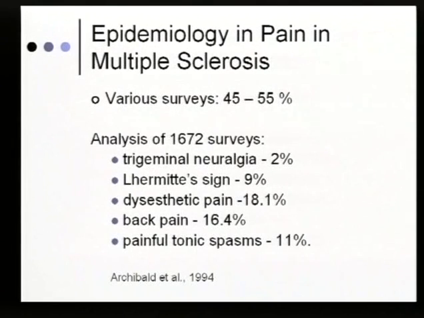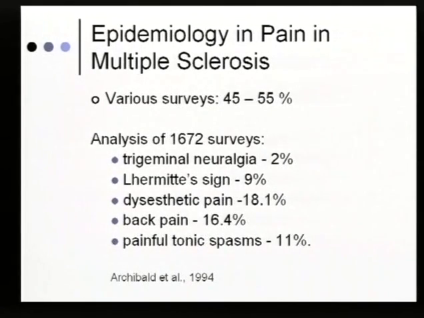Obviously, the most information is available for MS out of this family of neuroimmunologic diseases. And in most surveys of large MS populations, clinic populations, 45 to 55% of patients will say they have some sort of pain syndrome.